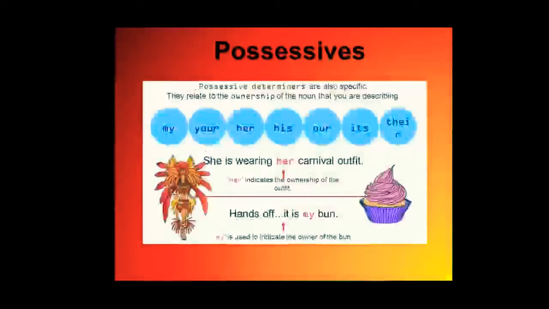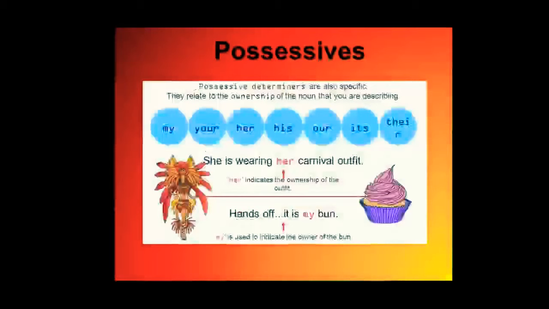The next is possessives. Possessive determiners are also specific. They are certain. They relate to the ownership of the noun that they are describing. That means they talk about the relationship between the thing or noun.